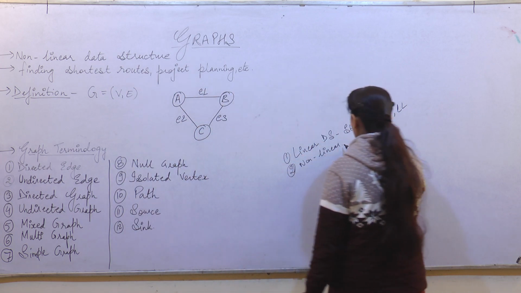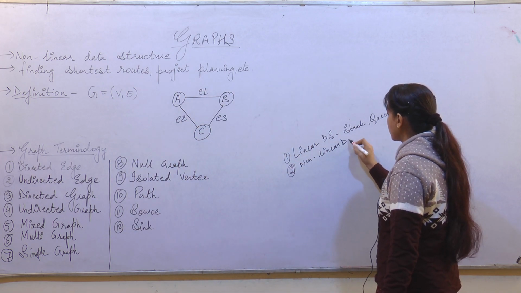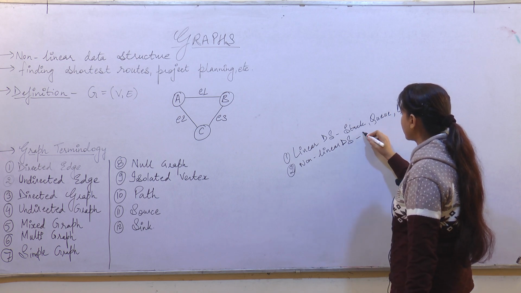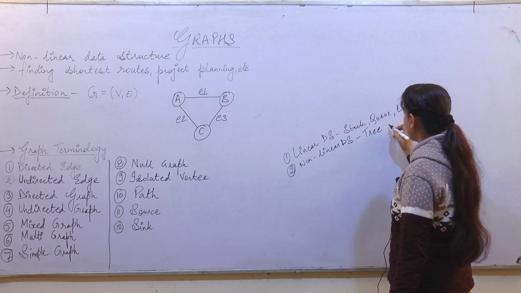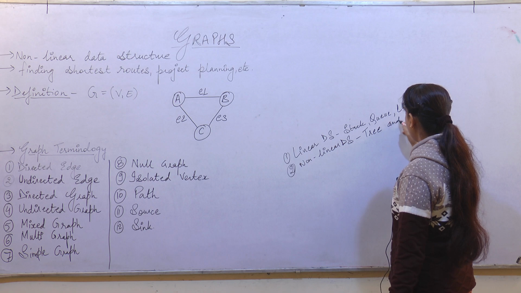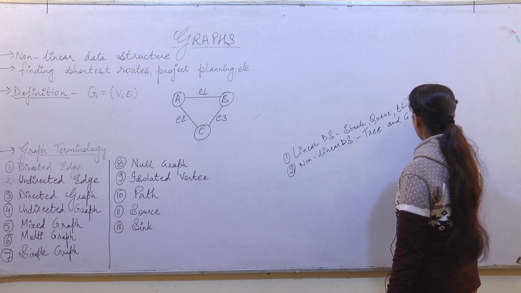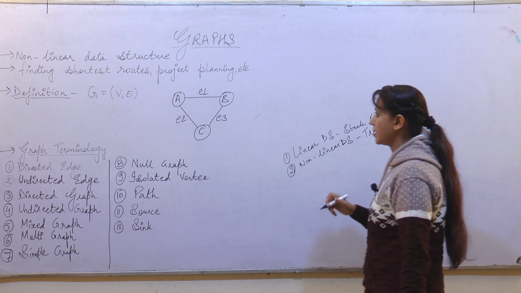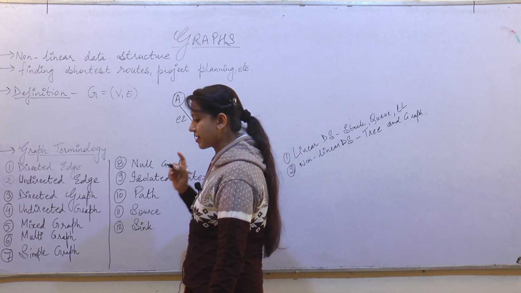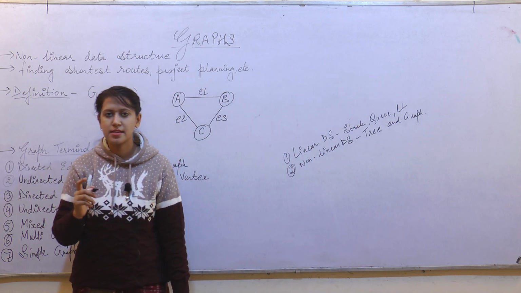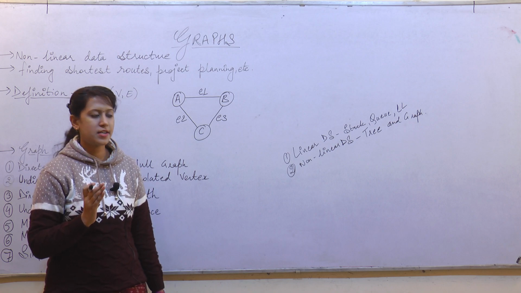Now we are studying non-linear data structure. Examples of non-linear data structures are tree and graph. So today we are studying graphs, and graphs are nothing but non-linear data structures.